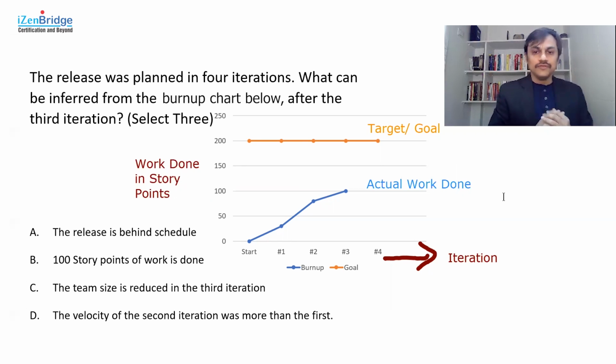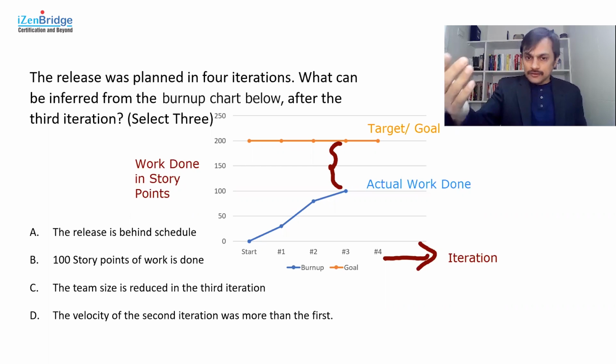Now let's see what we have in the options. The release is behind schedule, clearly shown here. So what is remaining? In the burn up chart context, I need to calculate remaining by calculating the difference between these two. So this is my remaining work. At the end of the third iteration, my remaining work is 100, whereas it should be around 50 if I was thinking of doing it in 4 iterations.